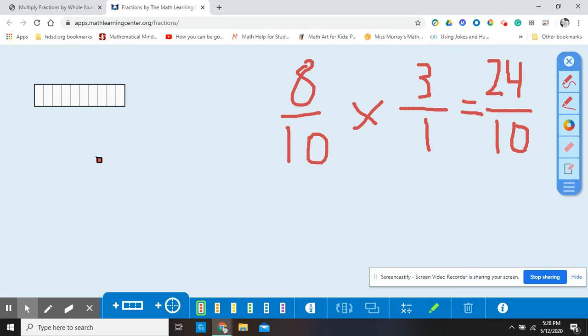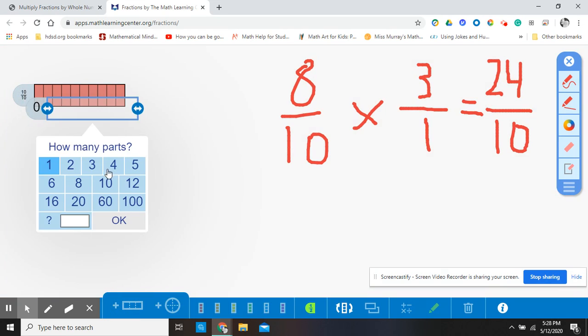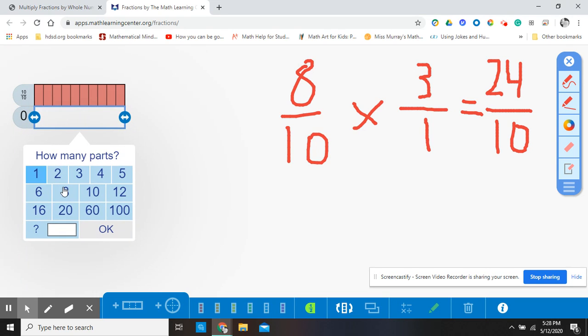I'm actually going to show you what 24 tenths looks like, and we're going to try to figure out what we can do. I'm going to count 1, 2, 3, 4, 5, 6, 7, 8, 9, 10. Now, we need to get all the way up to 24, so we need another one of these. I'm already at 10.